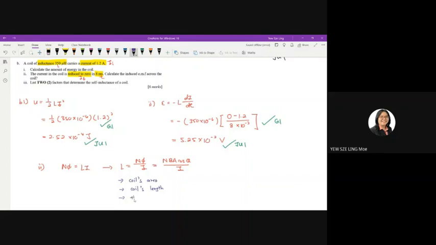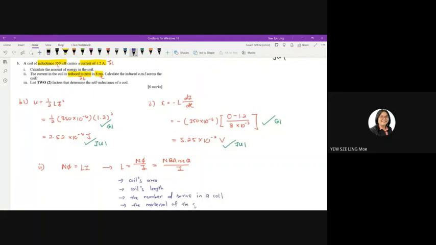The number of turns in a coil would also affect the value of the inductance. And of course, last one, you have the material. These are the things that will change the physical structure of the coil. So always look for the physical structure.